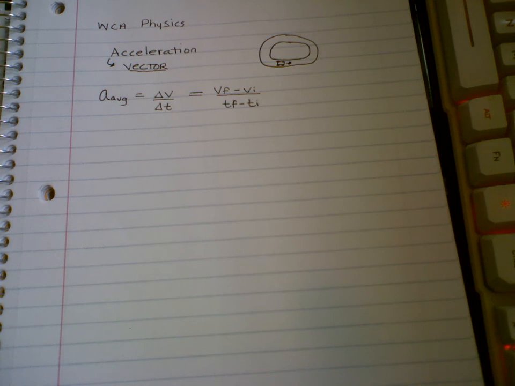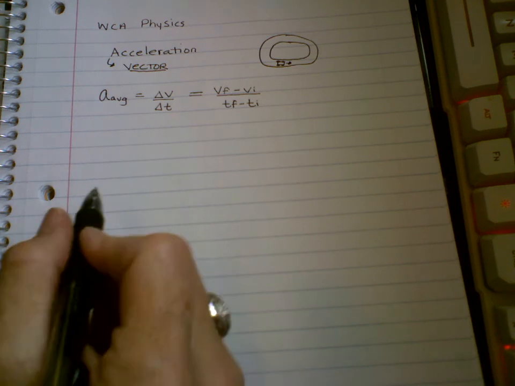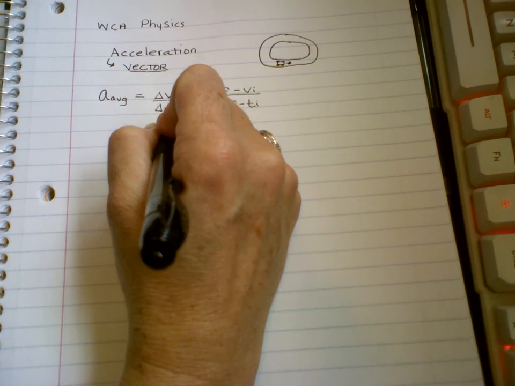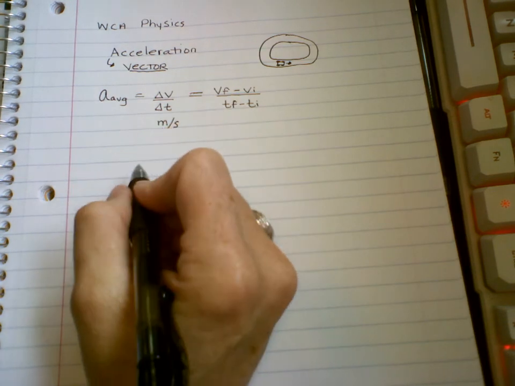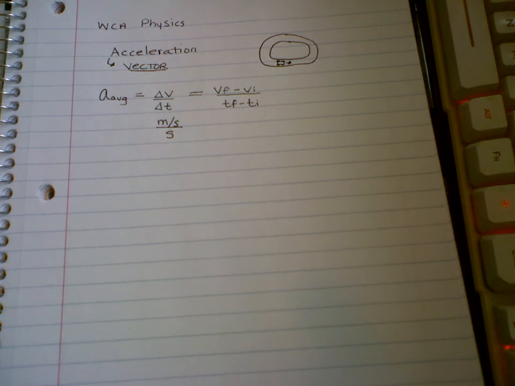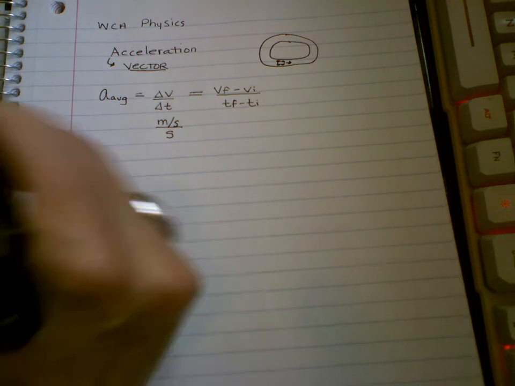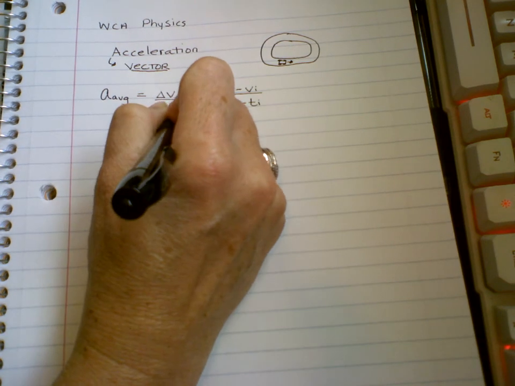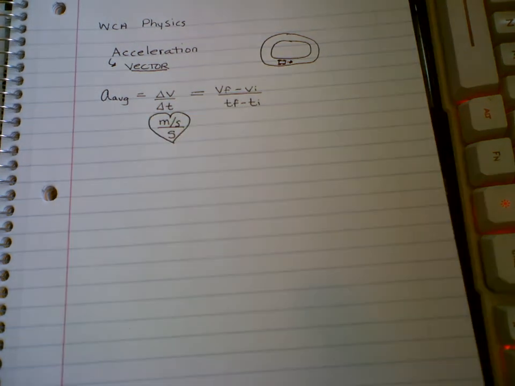Now, the units for acceleration differ slightly from those of velocity. The unit for velocity is meters per second. The unit for time is seconds. So the units for acceleration are meters per second per second. I absolutely adore this way of noting the units for acceleration because it's very literal.